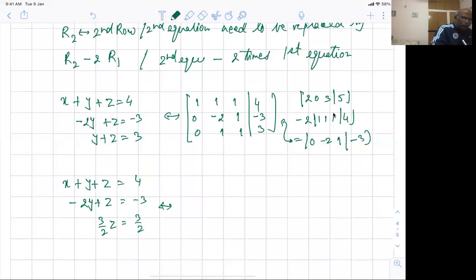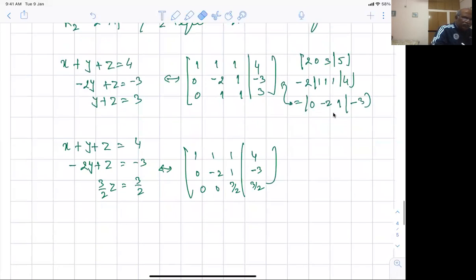And this corresponds to 1, 1, 1, 4, 0, minus 2, 1, minus 3, 0, 0, 3 upon 2, and 3 upon 2. So how did I get 3 upon 2? That's important that you need to understand.